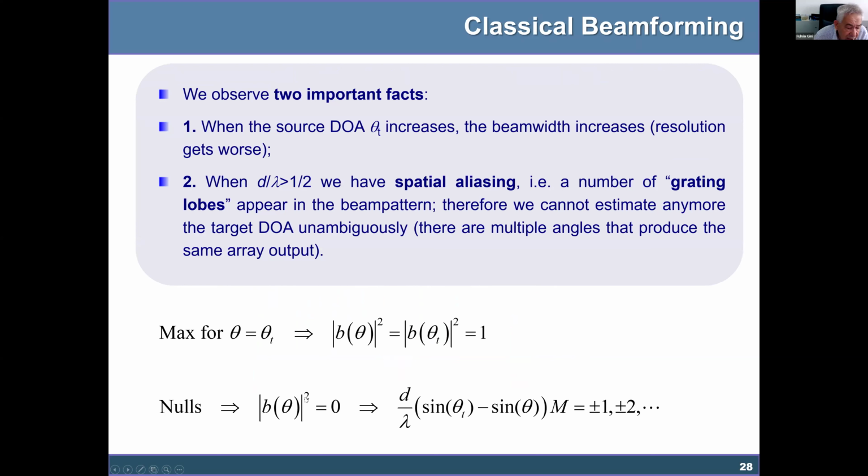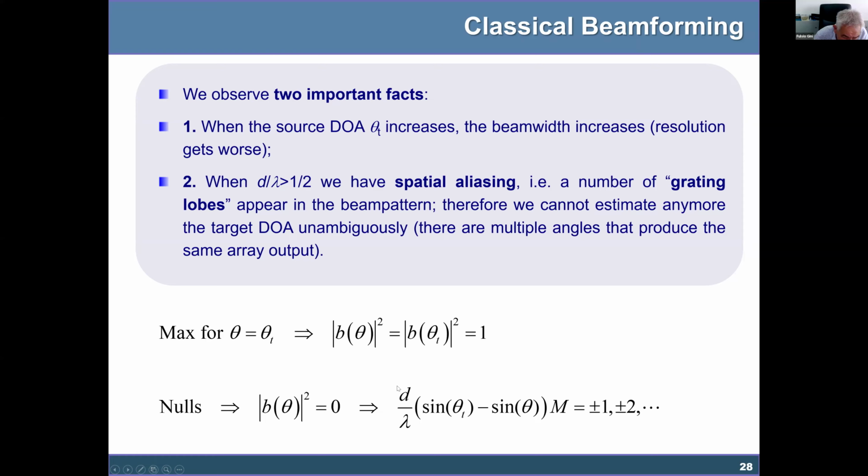Where are located the nulls of the beam pattern? Those are the values of theta for which the beam pattern is equal to 0. Now, because at the numerator we have a sinc function, it is equal to 0 when the argument of the sinc is an integer, positive or negative, different from 0.